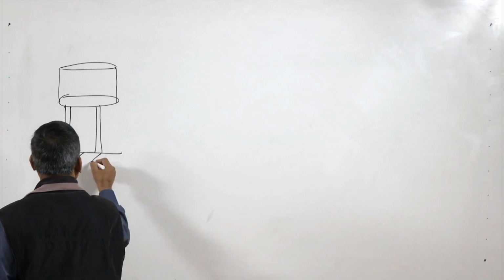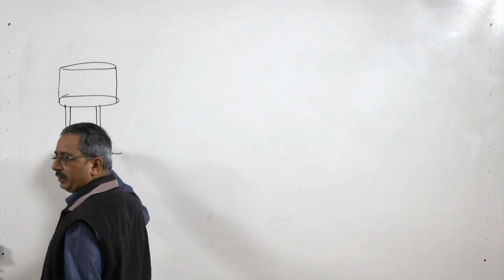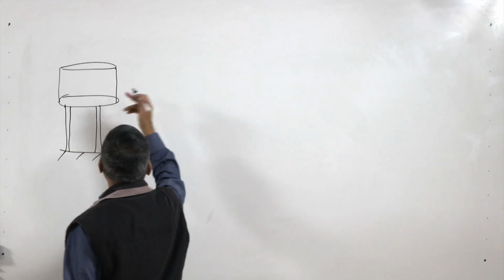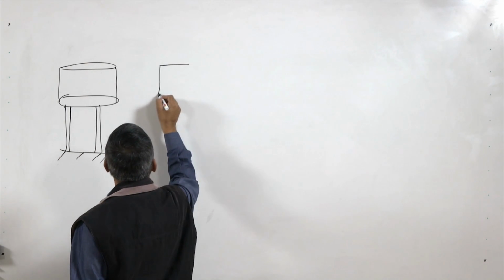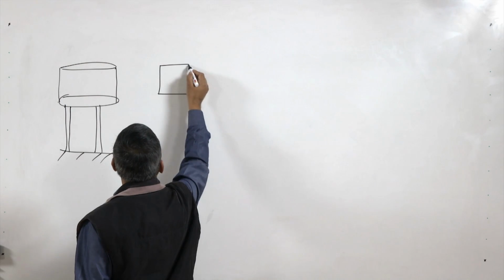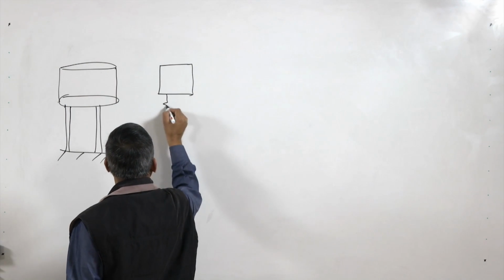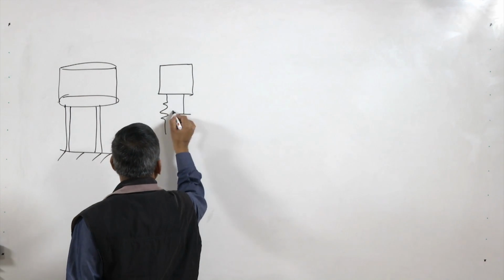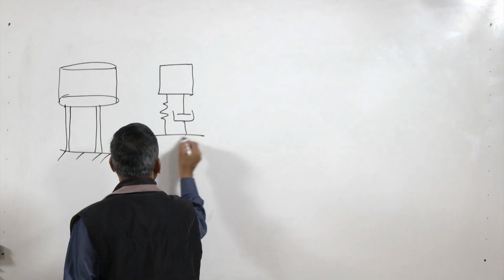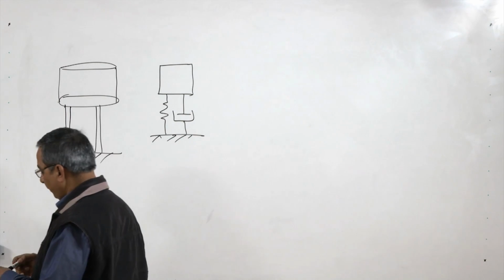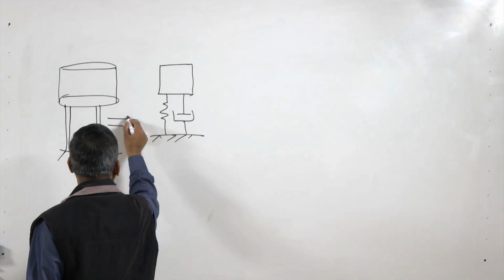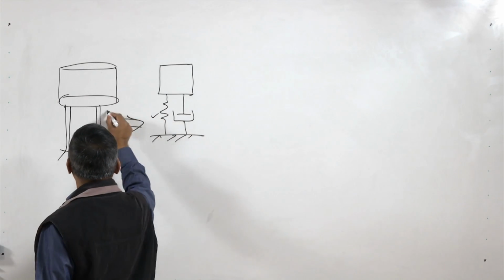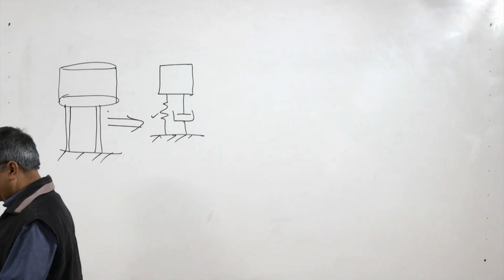We have a water tank supported on pillars, and if you could recall, we represented this system as an equivalent spring mass damper system. The validation basically means whether this is the true representation of this physical system or not.